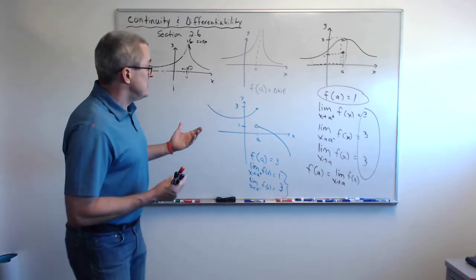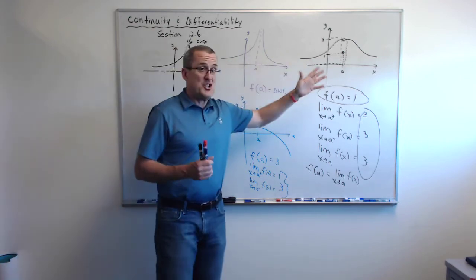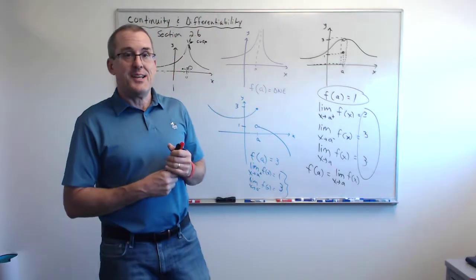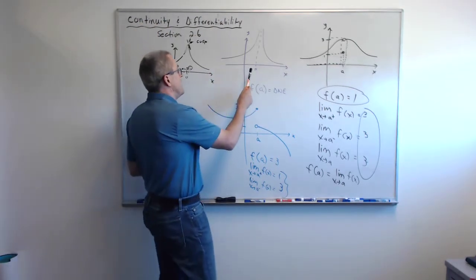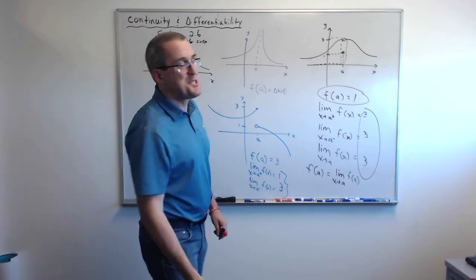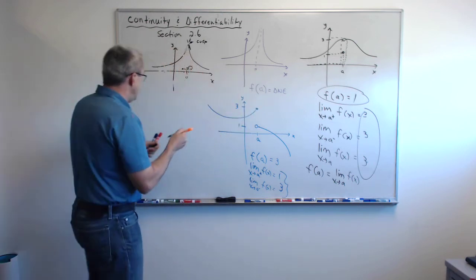So, to recap, what I've shown you is that there are 3 things that we should check to mathematically show that a function is or is not continuous at some x value. First thing to check: in order for a function to be continuous at x equals a, the function has to exist at x equals a.